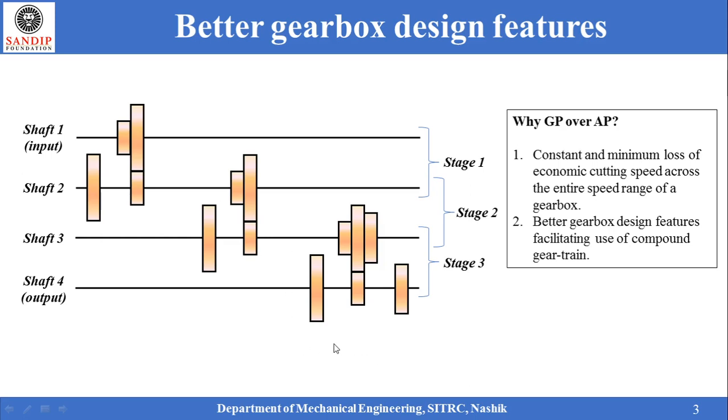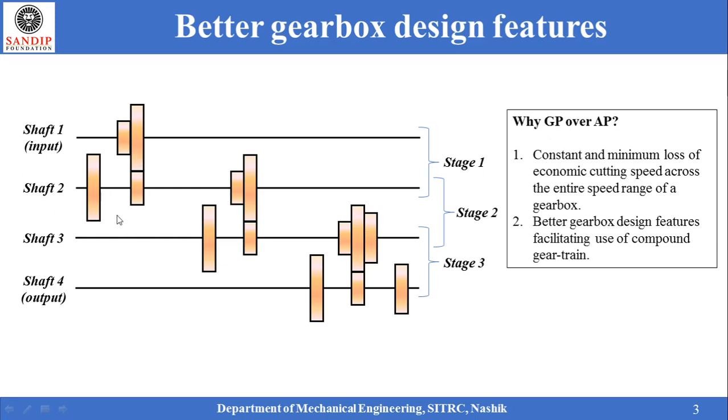Let us understand how many output speeds this particular compound gear train can have. Shaft 1 can have only one speed as it is connected to a constant speed prime mover such as an electric motor. For one speed of shaft 1, shaft 2 can have two different speeds depending upon which gear pair is engaged.